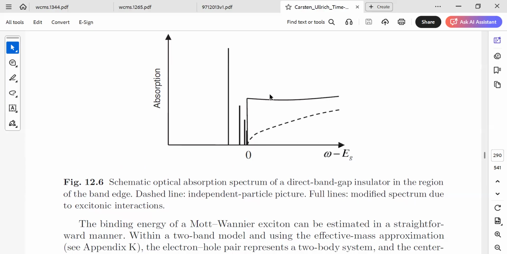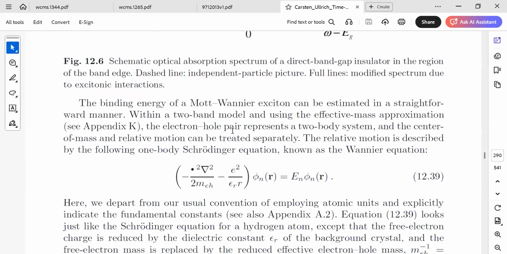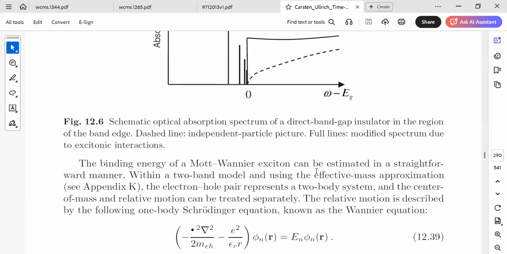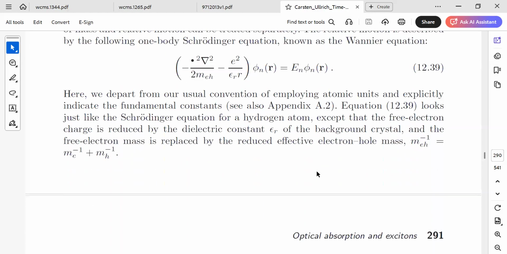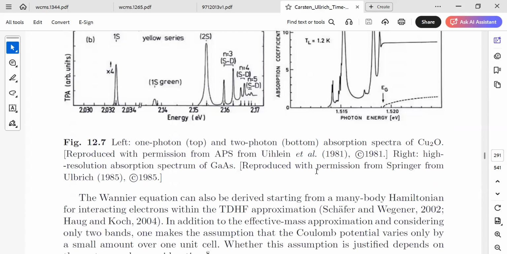Above this zero level, the energy levels of excitons are not discrete, they are continuous. Below this band gap edge, the excitons are discrete. Okay, I understand from this picture.